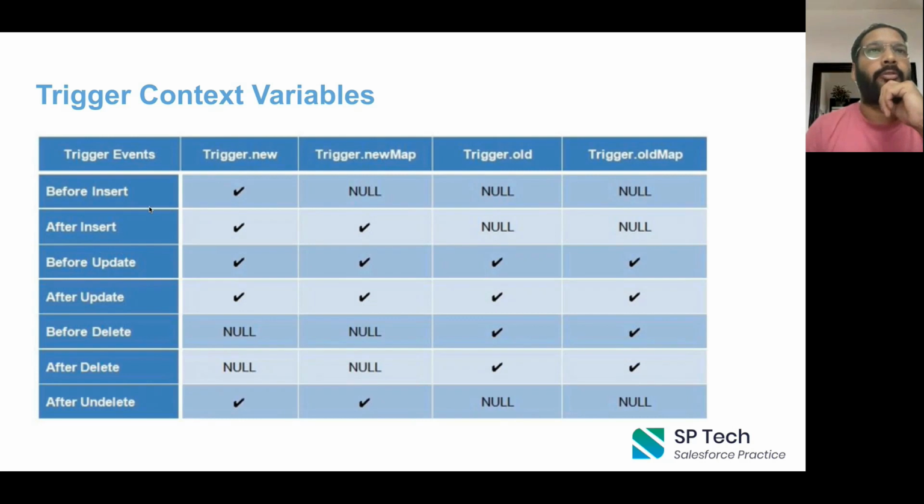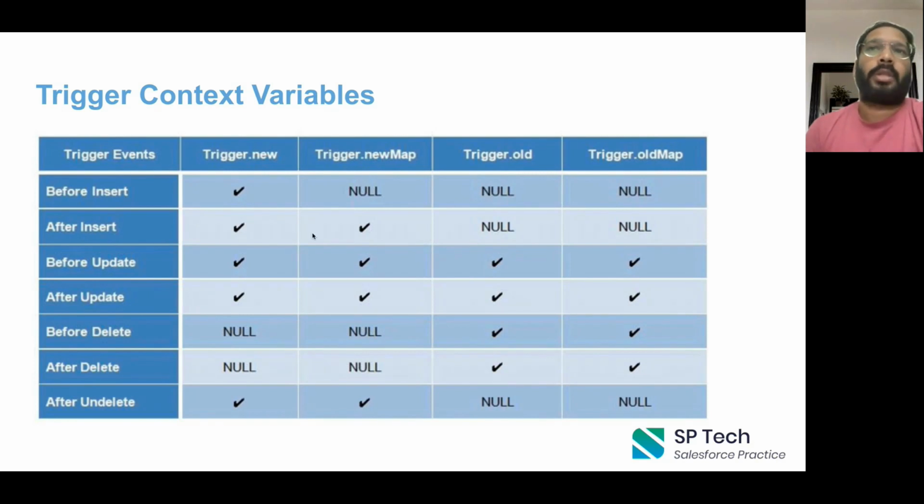Okay. And this is important to understand. Whenever you are inserting, updating, deleting, or undeleting, you will have four collections. Trigger.new and Trigger.old are lists, and Trigger.newMap and Trigger.oldMap are maps. You can see in which case a list or map will be available, or in which case it won't be.